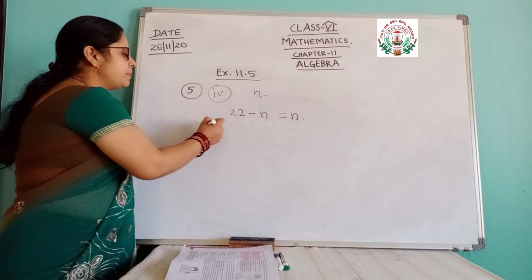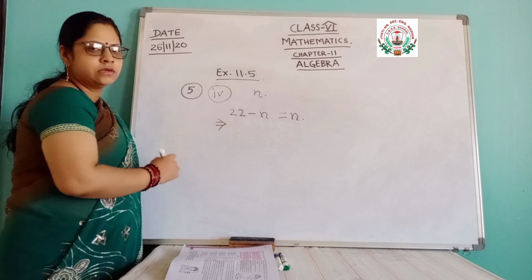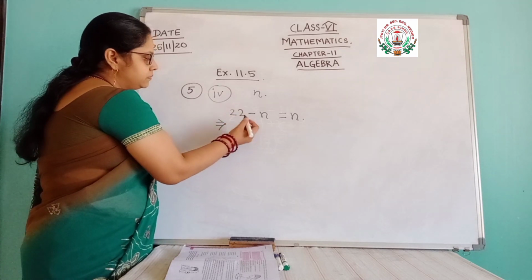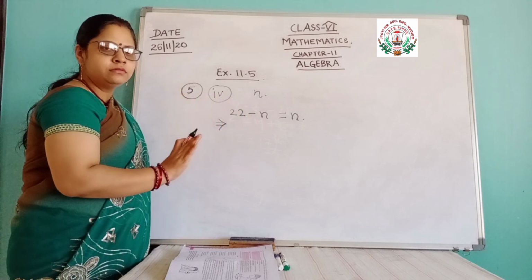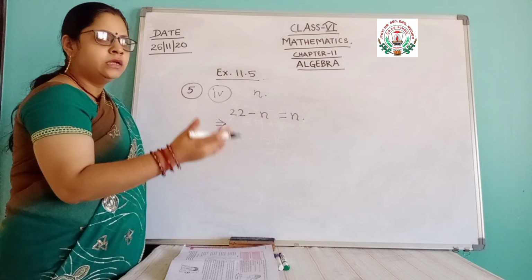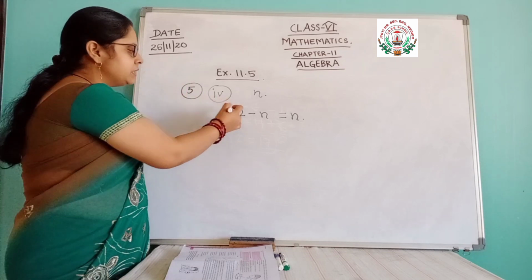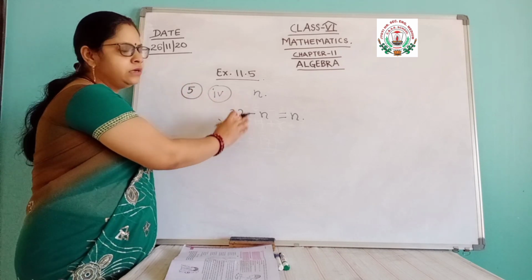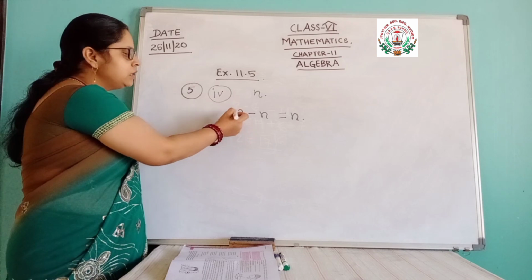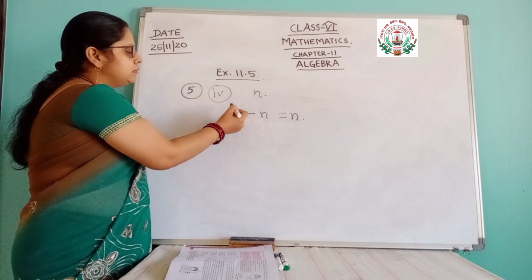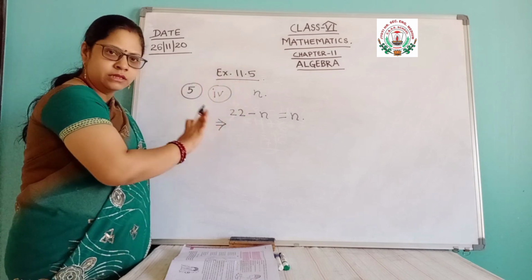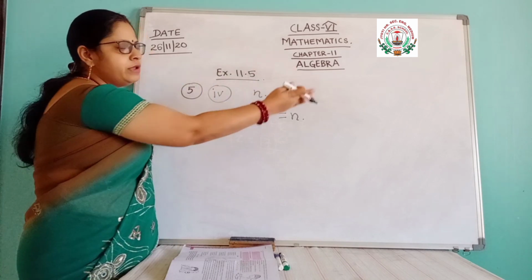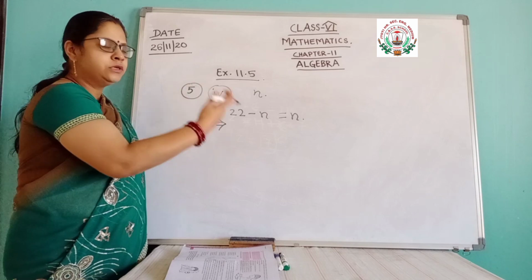Now the direct method of solving the equation. Directly here you cannot do it, because children have the habit that the first number or variable, whatever it is, you keep at that position only. The second thing is the habit of transferring to the other side.